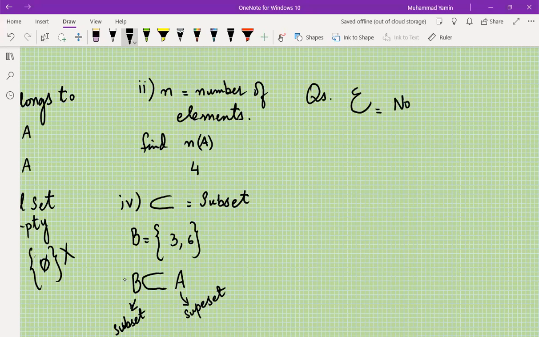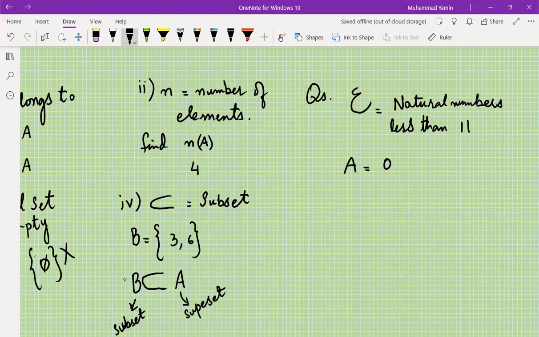We write all the natural numbers less than 11. A, all odd numbers.